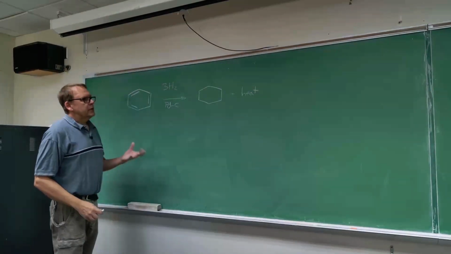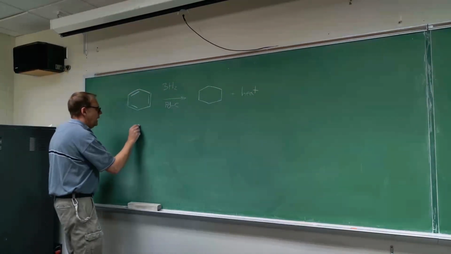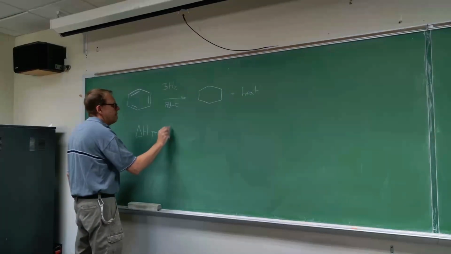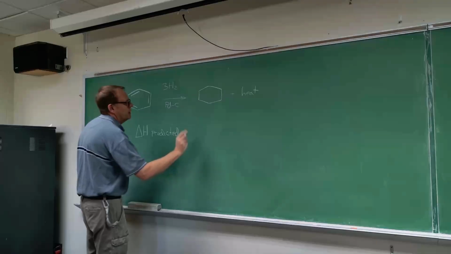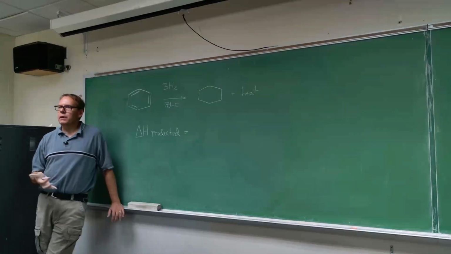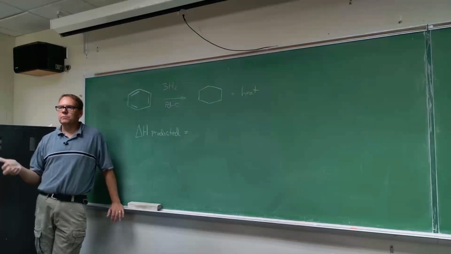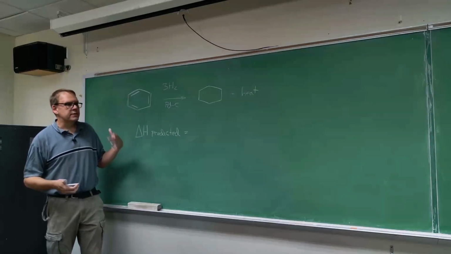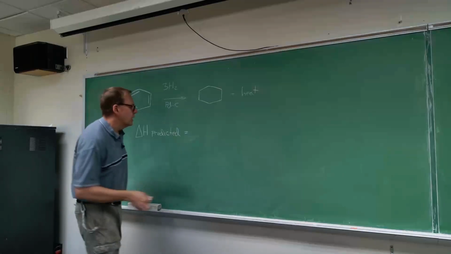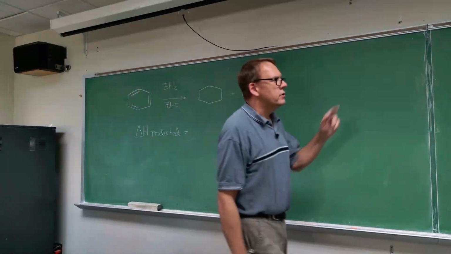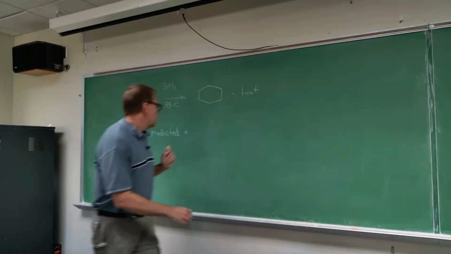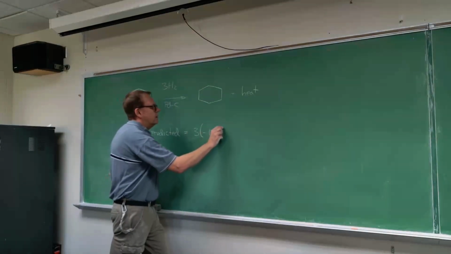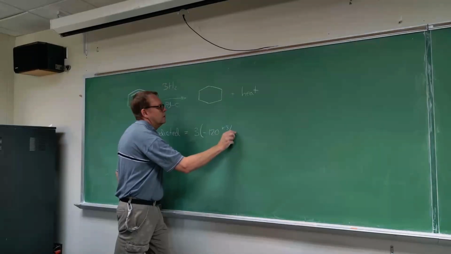Let's predict what we would get here. So delta H predicted, and that'd be a prediction based on having no impact from conjugation. If there was no such thing as conjugation, and it was just about individual alkenes in a 6-membered ring getting hydrogenated, how much would you get out? Well, we're going to do 3 times the 120 value that we got for cyclohexene. So 3 times minus 120 kilojoules per mole.